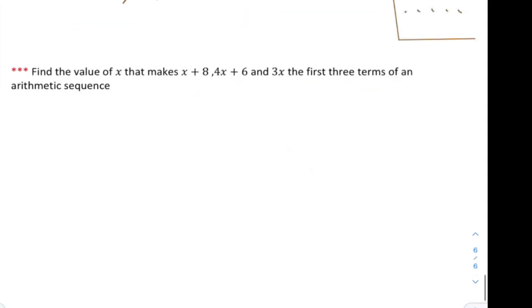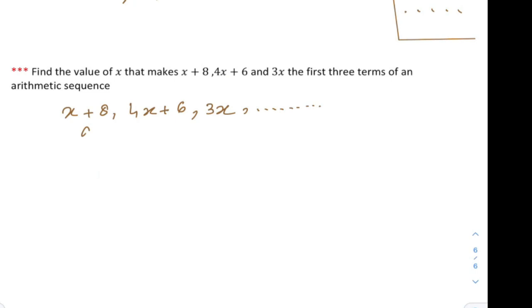Find the value of x that makes x plus 8, 4x plus 6, and 3x the first 3 terms of an arithmetic sequence. So this is the list that we should have. We want to find x. By the definition of the arithmetic sequence, the difference should be constant.